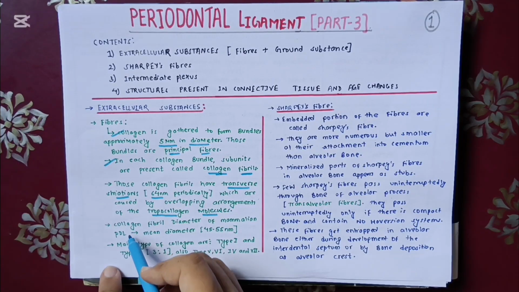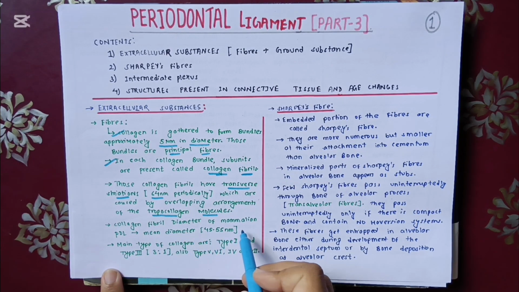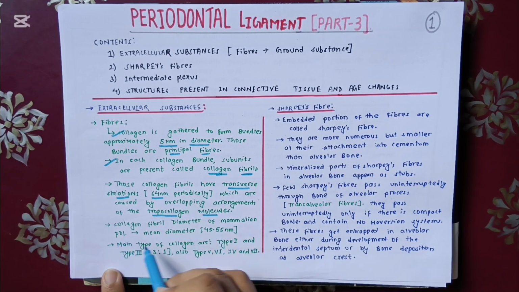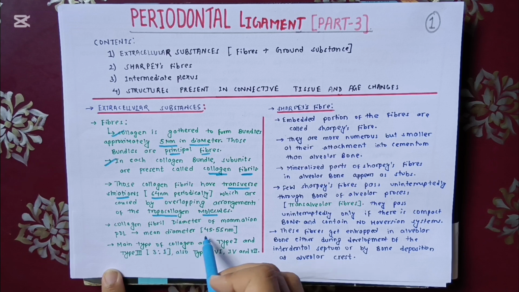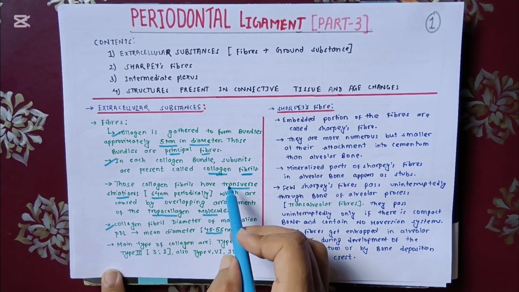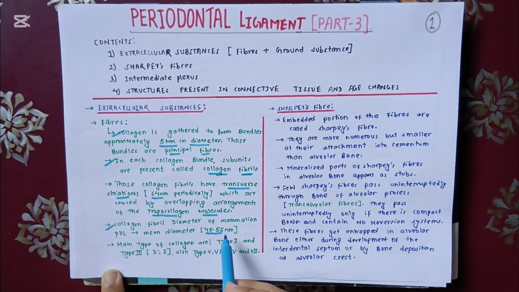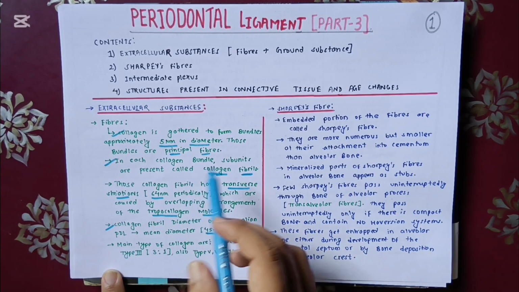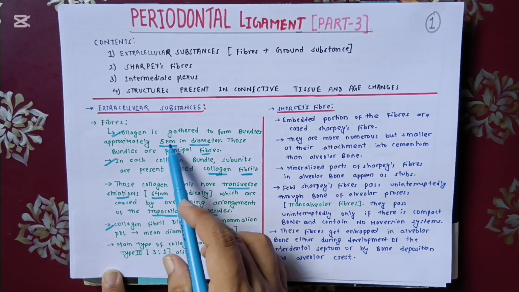After that, in the next point, the mean collagen fibril diameter of the mammalian periodontal ligament is 45 to 55 nanometer. This is also data you can remember. So the collagen fibril in the mammalian periodontal ligament is 45 to 55 nanometer, and the diameter of the principal fiber is 5 micrometer.